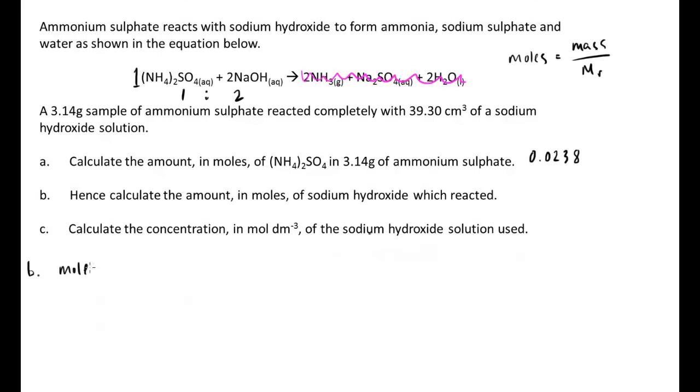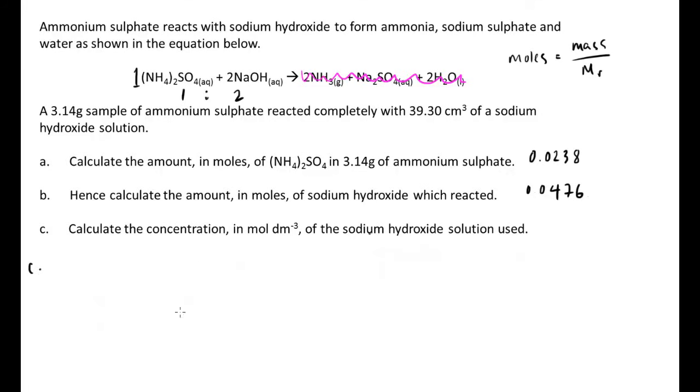Therefore, moles of sodium hydroxide is going to be this answer before, 0.0238, but I'm going to multiply it by 2. That gives my answer for how many moles of sodium hydroxide have reacted, and that comes to 0.0476.